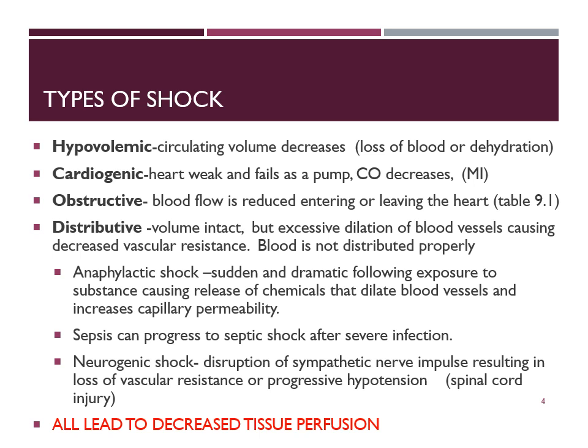Then there's septic shock that can progress rapidly after severe infection. There's neurogenic shock, which is a disruption of sympathetic nerve impulses resulting in loss of vascular resistance or progressive hypotension. That progressive hypotension is very symptomatic of neurogenic shock, and this can occur during spinal cord injury. But basically, shock all leads to decreased tissue perfusion.